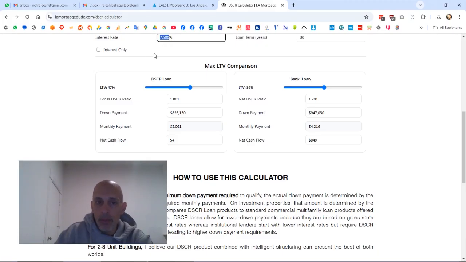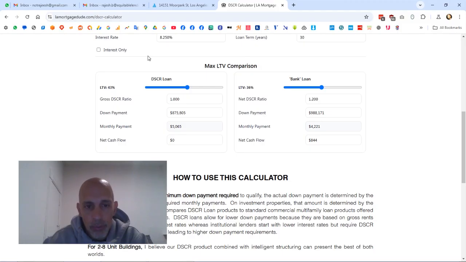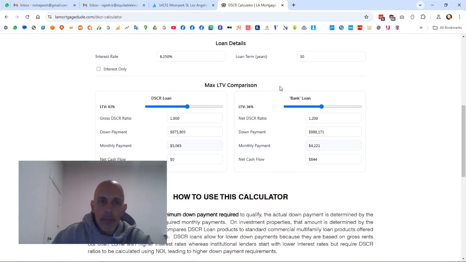The difference is that with a DSCR loan and a gross DSCR ratio of 1.0, you're not getting a 7.5% interest rate right now. At best, you're going to get an 8.25% interest rate. So on the DSCR loan side, you're looking at actually $875,000 down payment without any buy down.